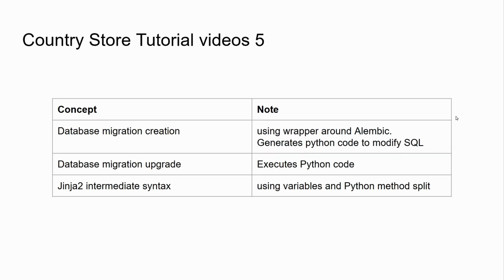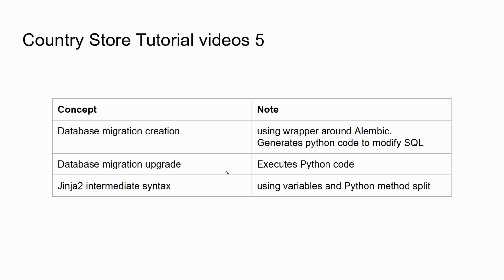In video 5, we covered the database migration creation. So we're using Alembic on the back end. Alembic will generate Python code that is then executed to run and modify the SQL database. You may have to edit the Python code that's generated by Alembic manually from time to time.